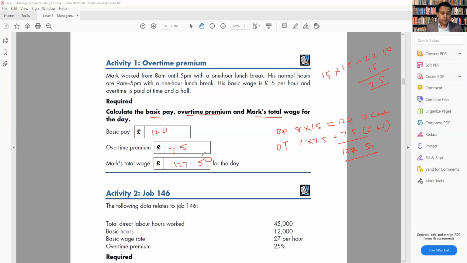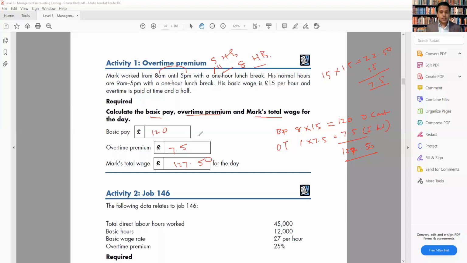So the lunch break is unpaid, that's true. So 8 to 5, how many hours is that? 9 hours, isn't it? And from the 9 hours, 1 hour is unpaid. If I minus that 1 hour, that will be 8 hours I'm working. Why is overtime 7.5?